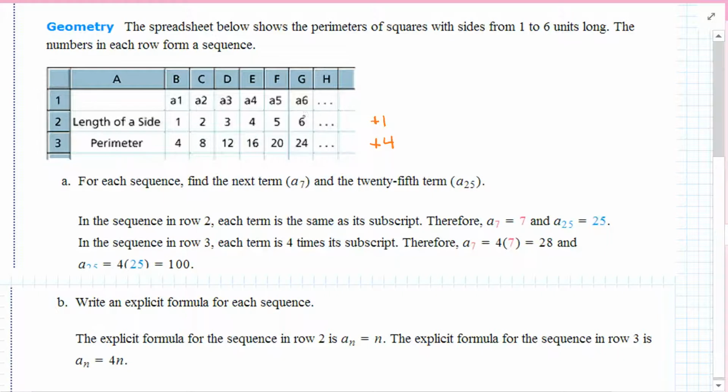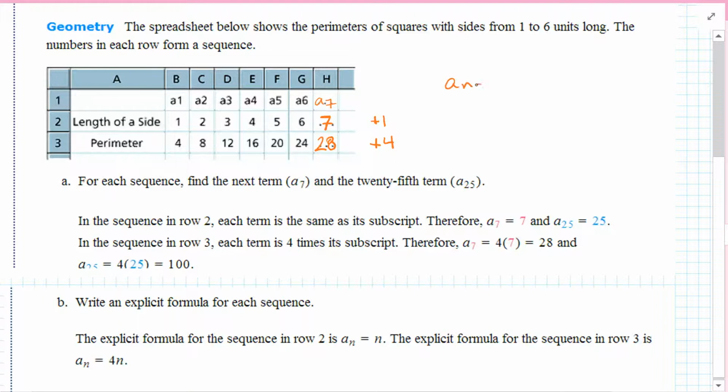Well, a7 would just be 7 for the length and 28 for the perimeter. What do you notice? Since we're adding 1 and 4, the n value tells us the answer.